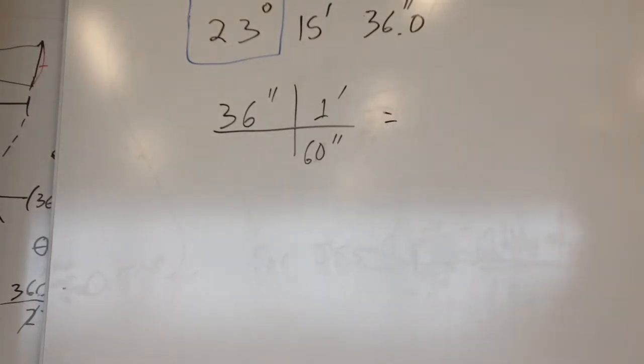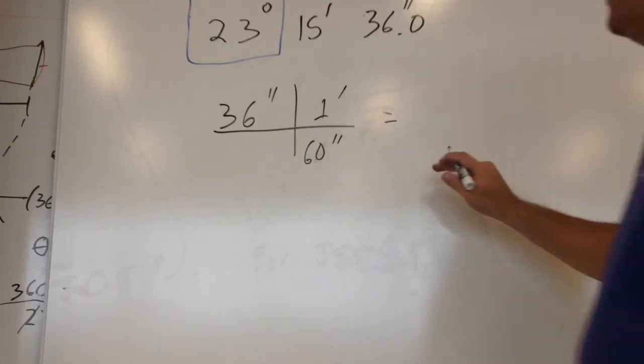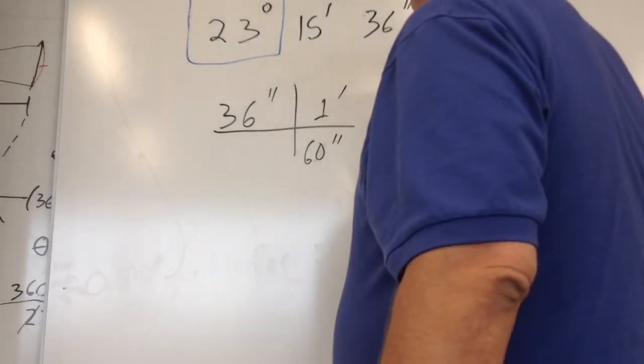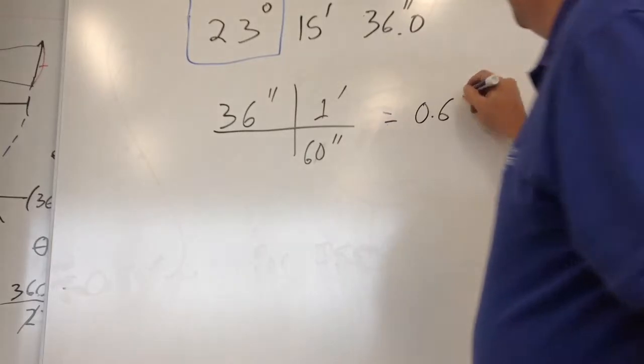I can do that in my head. That should be 0.7. Can someone verify? Yeah. 0.6, right. Man, I'm struggling with math today. 0.6, and that's going to have units of arc minutes.